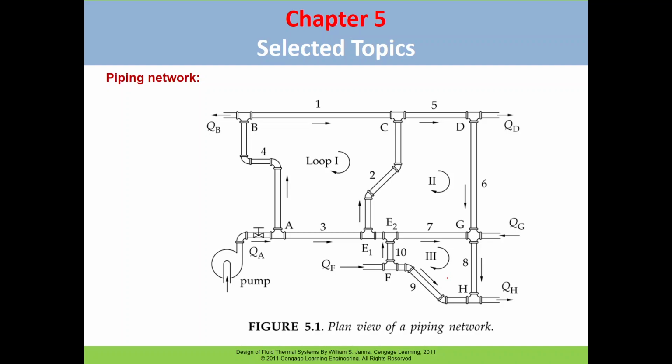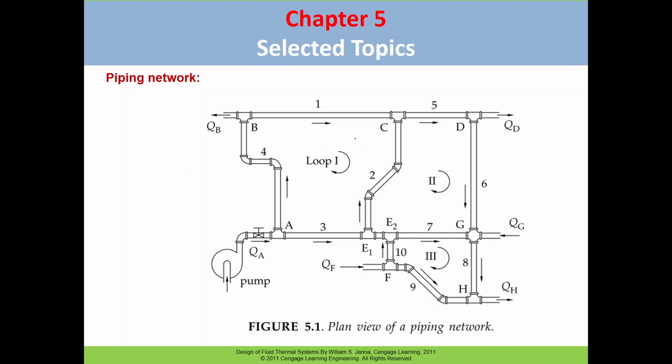As far as the series piping network analysis is concerned, we have already seen it even before this course, and in this course also in chapters 3 and 4. So in this chapter we will be doing the series and parallel piping both, and then the piping network as well.